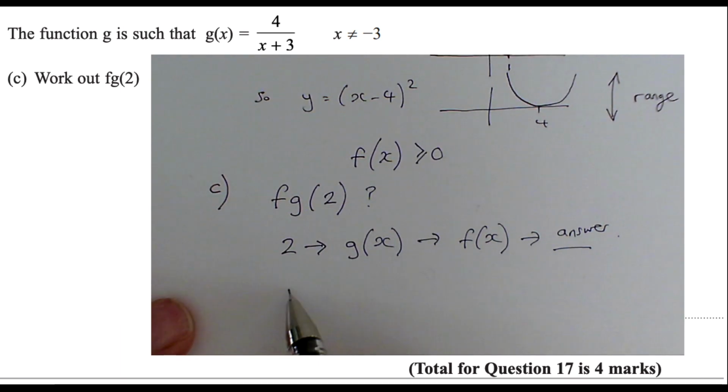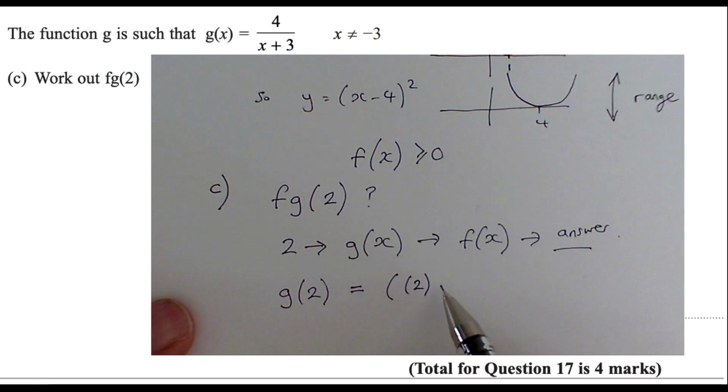So let's put 2 into the g machine. Now I have to remember what the function is. I haven't got it written in front of me. Just a second, just looking it up. No, that's the... I'm putting it into the wrong machine. It needs to go into the g machine. So g of x. Where's g of x?